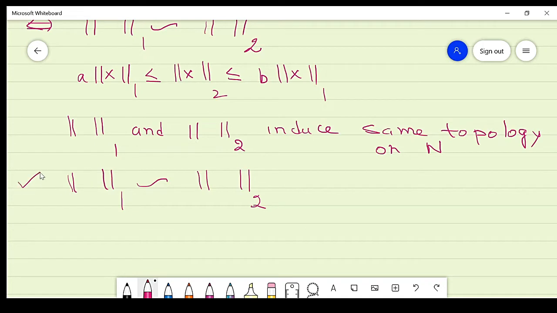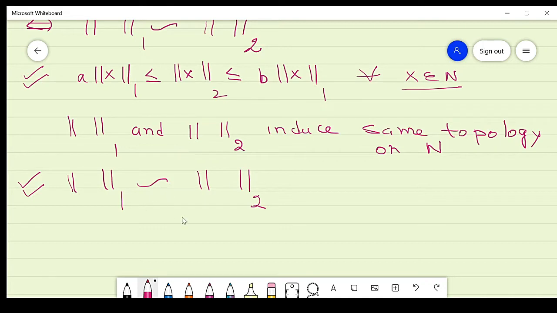So there are two definitions. One definition is they induce the same topology on N, and the second definition is A norm of x1 less than or equal to norm of x2 less than or equal to B times norm of x1 for every x belongs to N, right? So this is the second definition and this is a result.